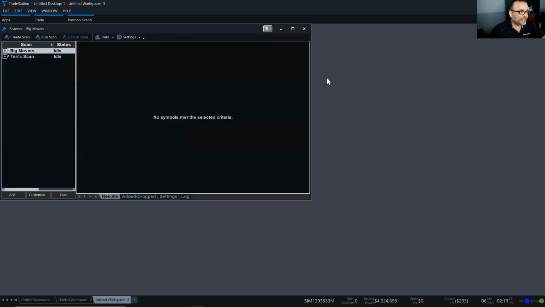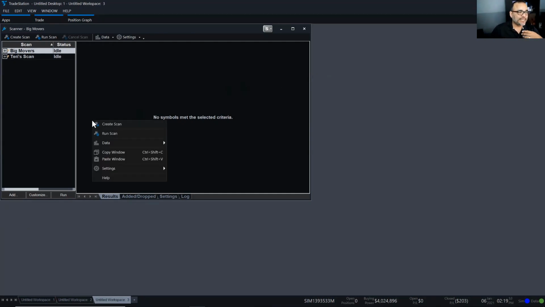I probably have a couple scans already created here, so it's okay. We're going to start a scan from scratch, and I'll show you all the different technicalities and all the things you can do to the scanner to make it work the way you want. By the way, if this is your first time using Scanner, there is a box that gives you sample scans.